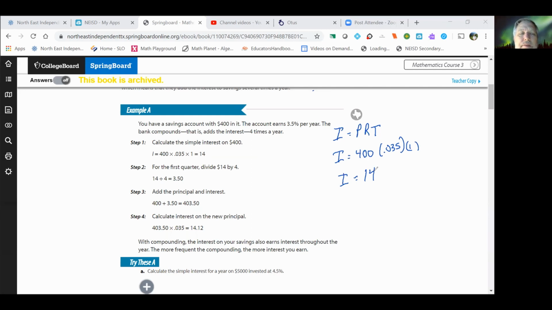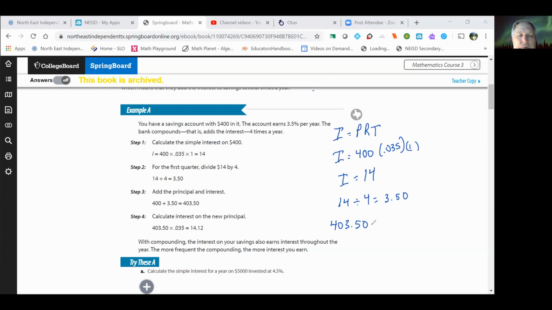The next step is, for the first quarter, we divide that $14 by 4. 14 divided by 4 is $3.50. I'm going to add the principal and interest, so we add that to the $400, and we get $403.50.